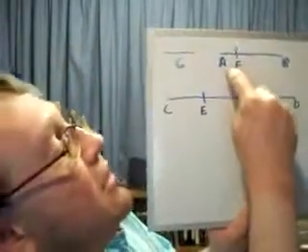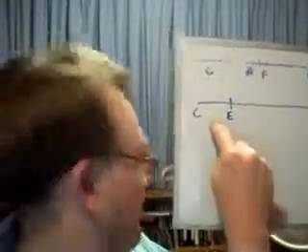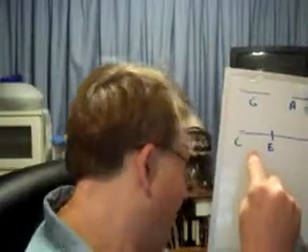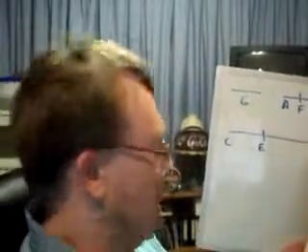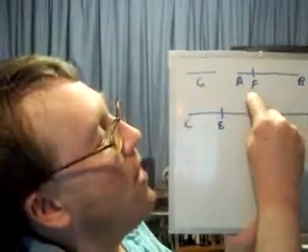Since then AF measures CE, while CE measures FB, now at this point you're probably going to go, man, what is he talking about? We've now established that this line measures this line, and this line measures this line. Therefore, AF will measure FB.